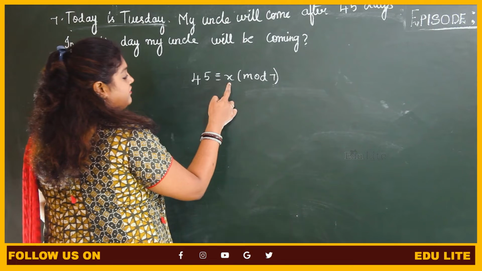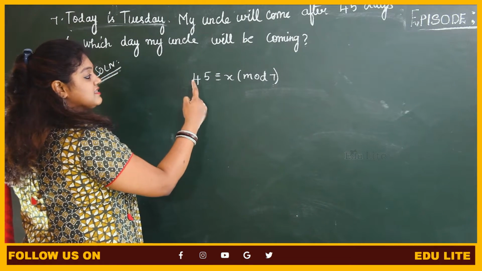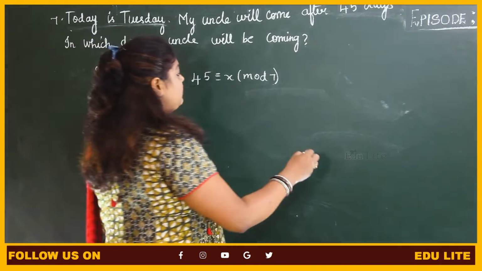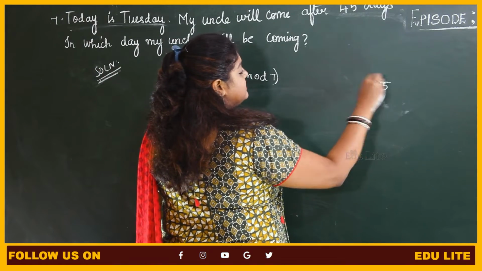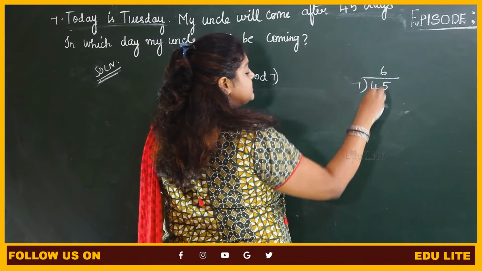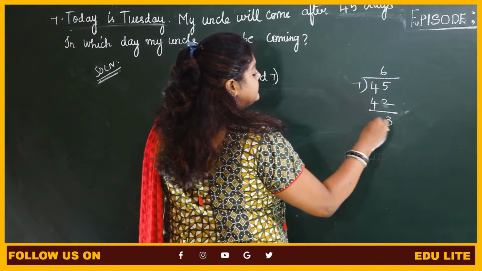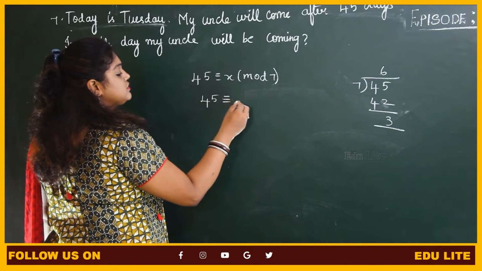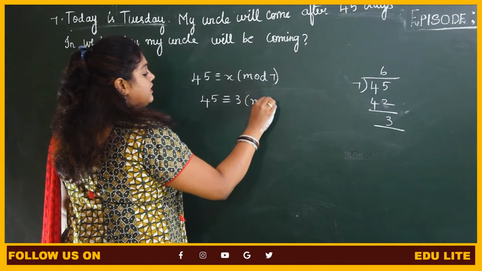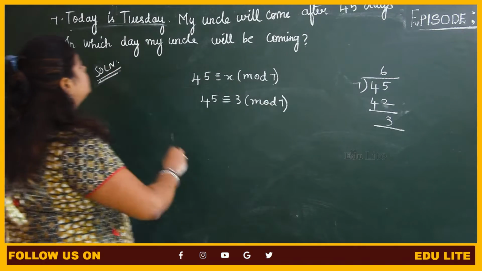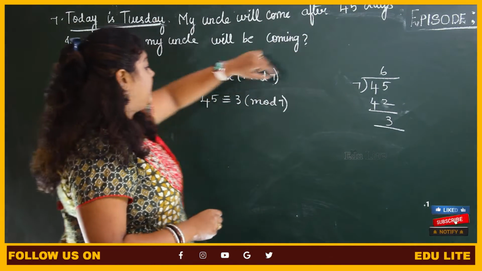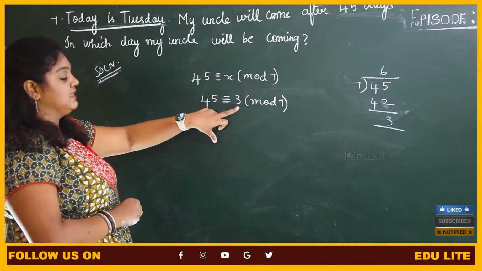What will be the value of x? After dividing 45 by 7, we will get the value of x. 45 divided by 7: 6 times 7 is 42, remainder is 3. Therefore 45 is congruent to 3 mod 7. The question says today is Tuesday. We solved the 45 days and got the remainder as 3.